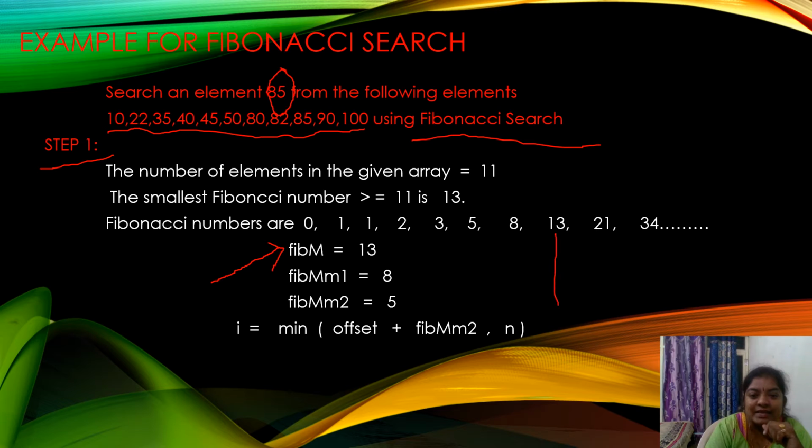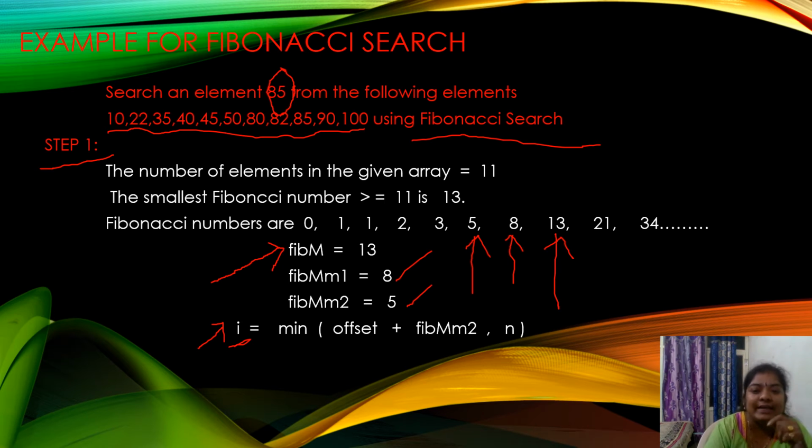For this 13, what are the previous two numbers? That is 8 and 5. So this is the first previous Fibonacci number and this is the second previous Fibonacci number of 13, that is 8 and 5. Now I have to calculate the index value.